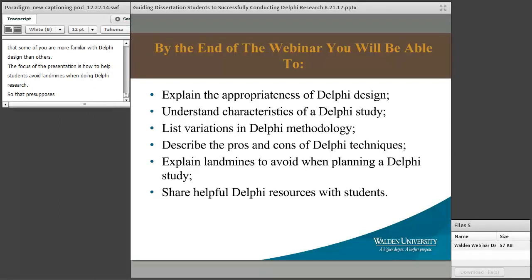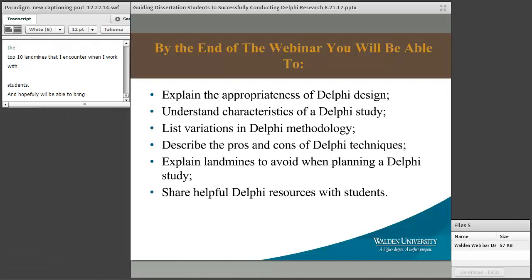So I'm going to give everybody sort of Delphi in a toolbox for the first 9 slides of the presentation, and then get into the landmines. I'm going to talk about at least the top 10 landmines that I encounter when I work with students. And hopefully we'll be able to bring everybody along within the presentation.